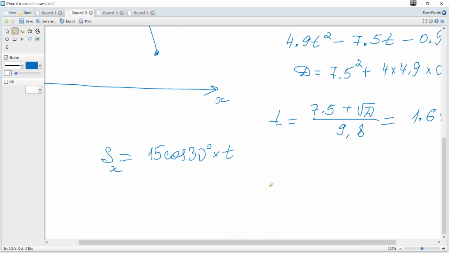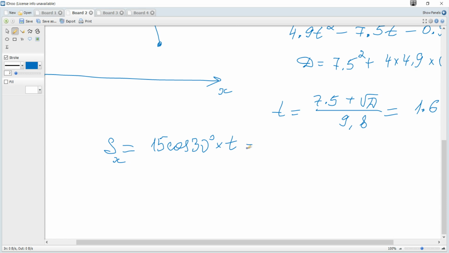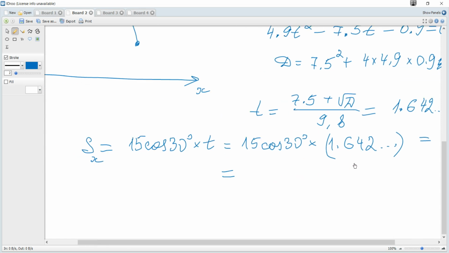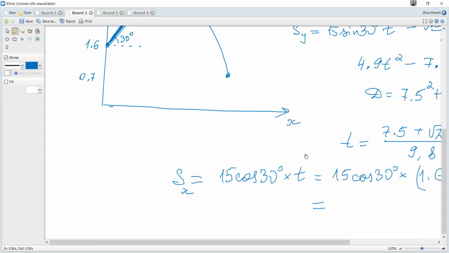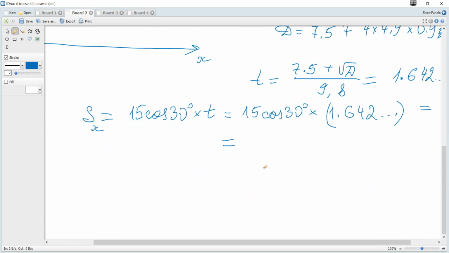And you can see that motion in the horizontal direction is a uniform motion. It means with constant speed, and it's always true because g is always vertical, and it becomes 15 times cosine of 30 times this 1.642 and so on, and we get the required horizontal distance covered by the ball.